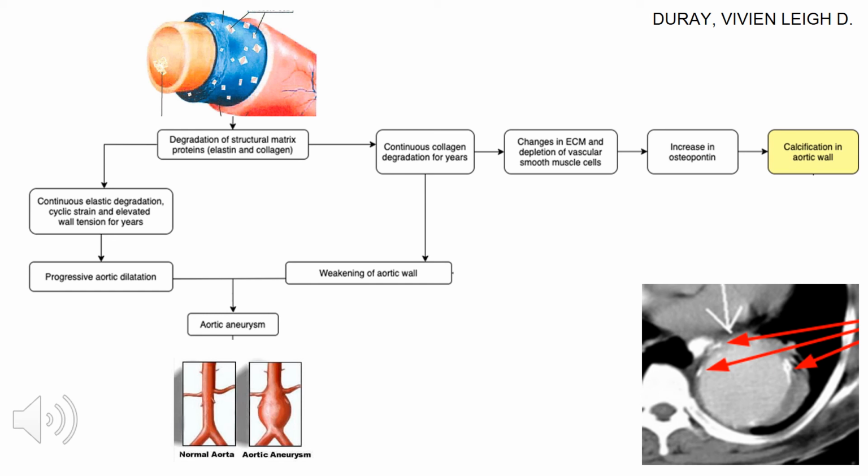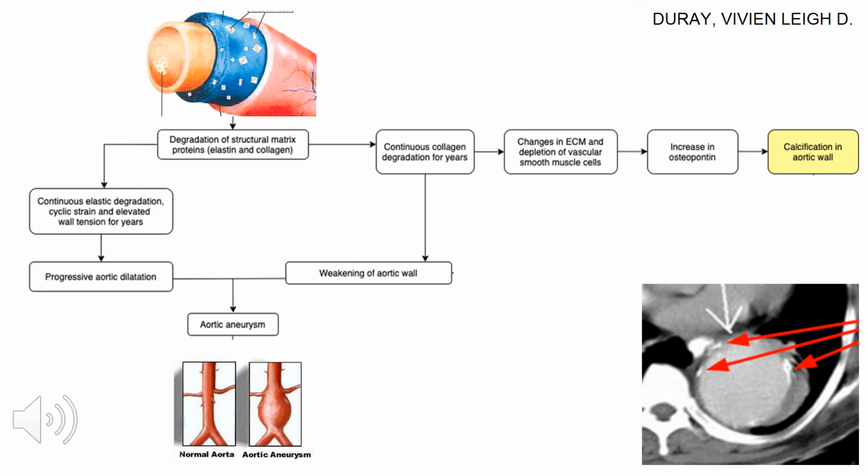On the right side, continuous collagen degradation for years will lead to the weakening of our aortic wall, or to changes in our extracellular matrix and the depletion of vascular smooth muscle cells. We all know that the collagen in the tunica media and externa of the blood vessels creates strong and flexible blood vessels that maintain elasticity and keep good blood flow.